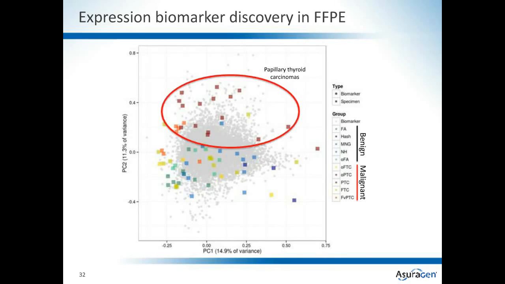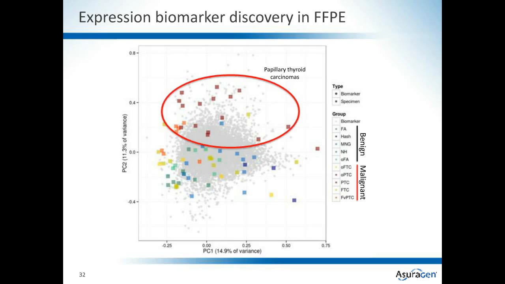This is now a different view of that same PCA plot, the two principal sources of variation in the data that those candidate biomarkers are driving, and we see a separation when overplotting the samples along those two principal sources of variation of the papillary thyroid carcinomas, which are circled in red in this plot. Those papillary thyroid carcinomas are separating from the benign lesions as well as the follicular carcinomas. This is a very promising indication leading into supervised biomarker discovery and selection.